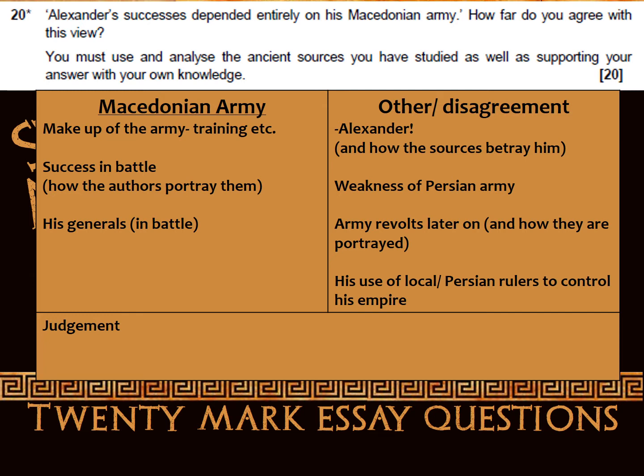You could look at things that disagree with the argument that the army was entirely his main thing, because they revolt later on, and again, look at how the sources portray them, and even his use of Persian rulers to control his empire. So again, you're looking at an issue that's not to do with the Macedonian army. It's a counter to the argument they give.